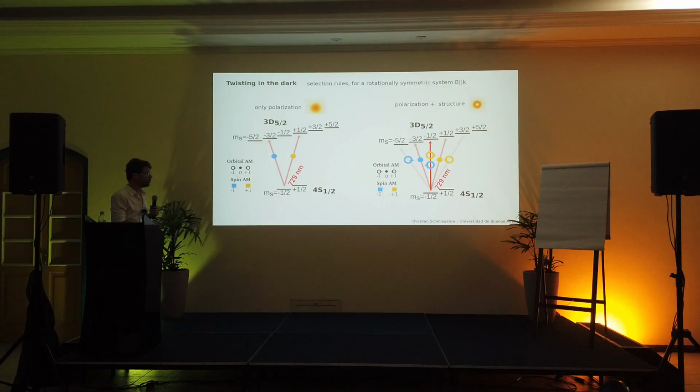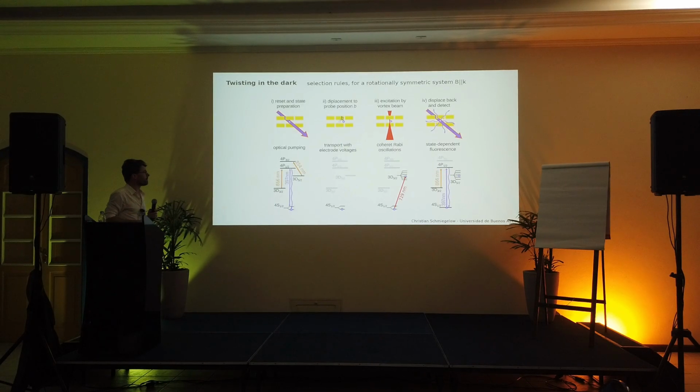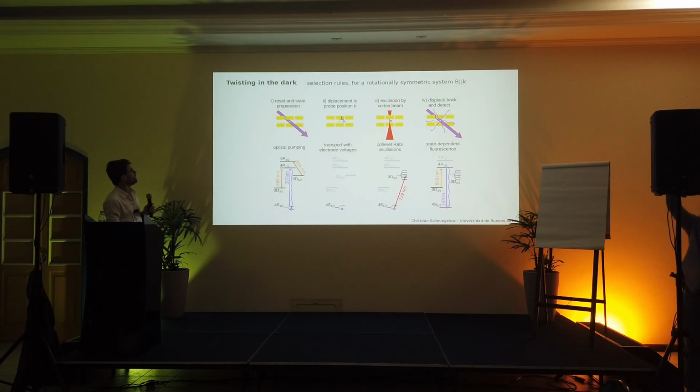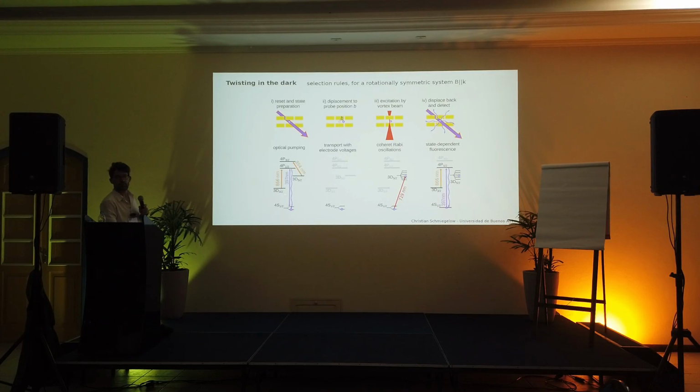We set a laser to each of these transitions, and we probed the excitation strength of these transitions, and we did it for all of the possible combinations of the angular momentum of the photon. How does this experiment happen? We first prepare one of these states, and that is done through a process called optical pumping.